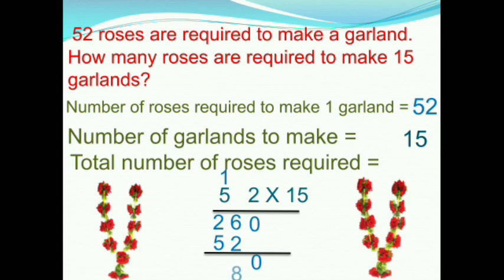Write 8 in tens place. Next we should add hundreds place digits. They are 2 and 5. 2 plus 5 is equals to 7. Therefore 52 into 15 is equals to 780. Therefore 780 roses are required to make 15 garlands.